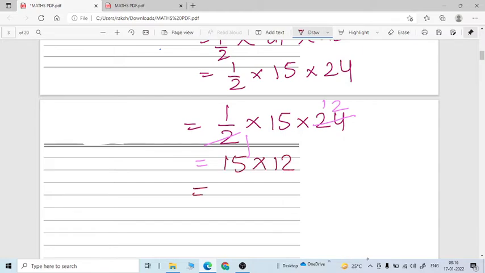Students, calculate and write in the chat section. 15 twelves are... Yes, the answer is 180.